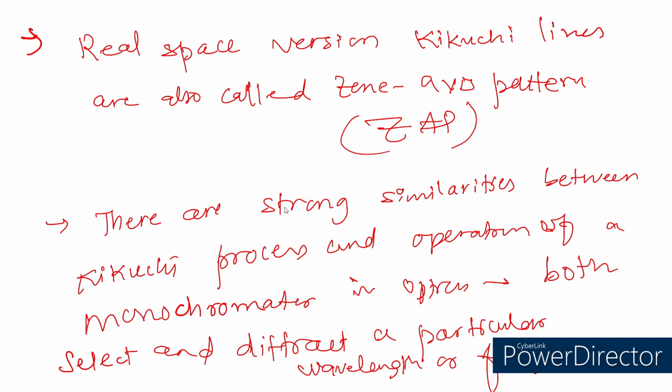In real space, Kikuchi lines are also termed zone axis patterns, but the physical origin of these zone axis patterns is different, and they are not associated with incoherent, elastic or diffuse scattering.